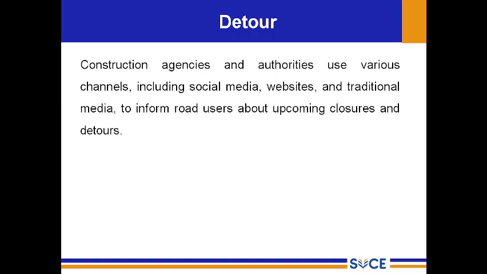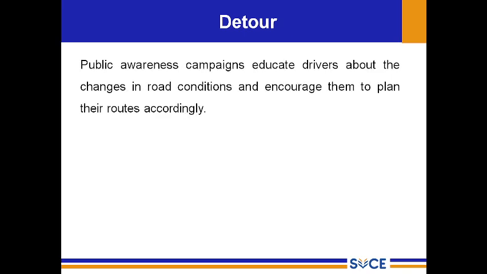Construction agencies and authorities use various channels including social media, websites, and traditional media to inform road users about upcoming closures and detours. Public awareness campaigns educate drivers about the changes in road conditions and encourage them to plan their routes accordingly.